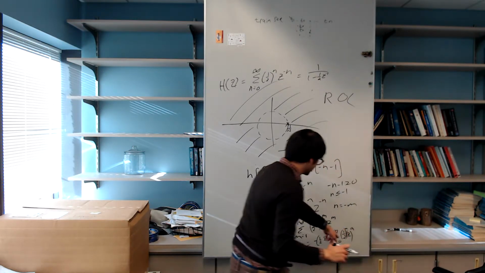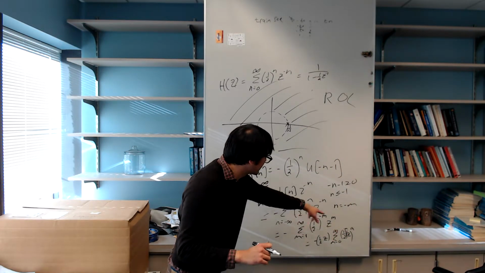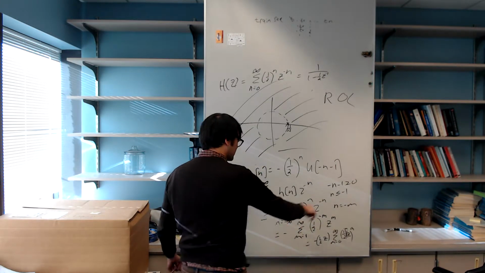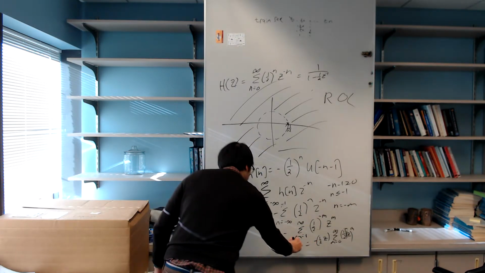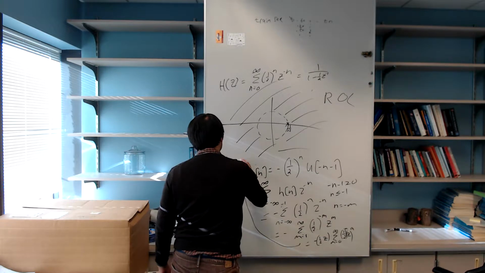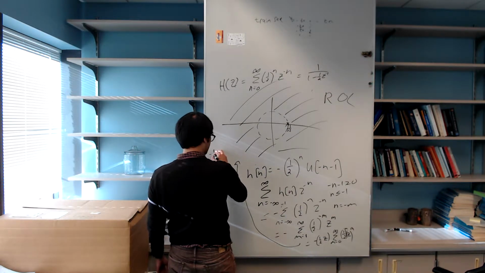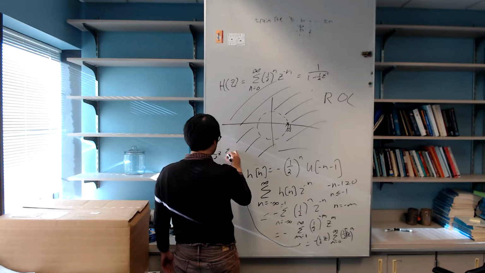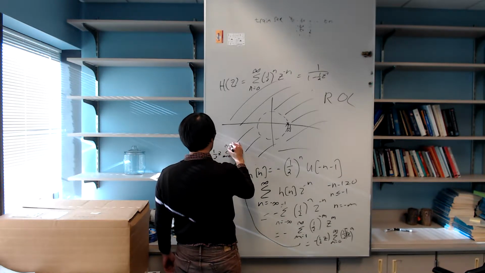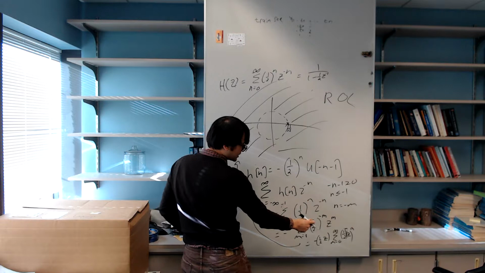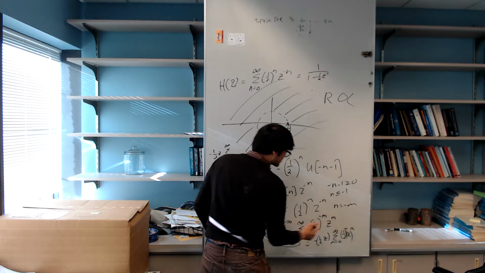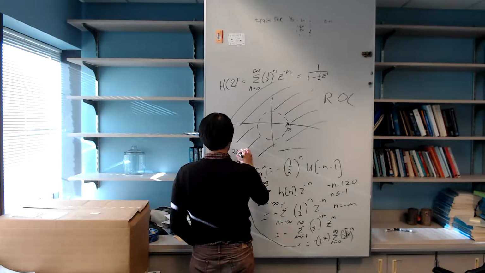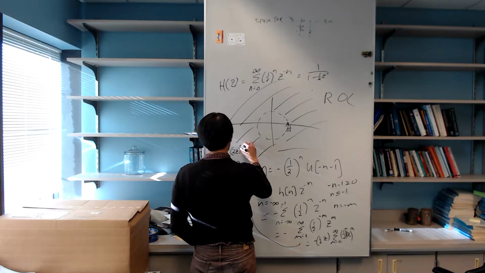So if we rewrite this a little more explicitly, this thing is equal to negative 1/2 z times the sum from m equals 0 to infinity, and this negative m just gives us a 2, so it's 2z to the m.